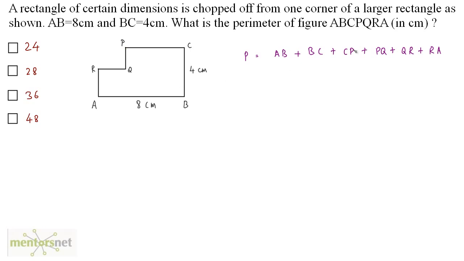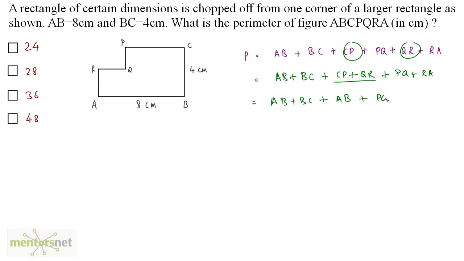So I can write, I have the CP and QR, so I can write AB plus BC plus CP plus QR plus PQ plus RA. Rest of the terms are as they are. So CP plus QR can be written as AB. So I have AB plus BC plus again I have AB plus PQ plus RA.